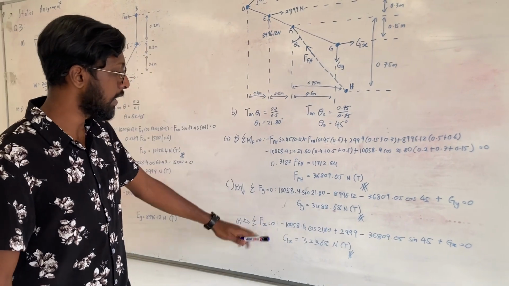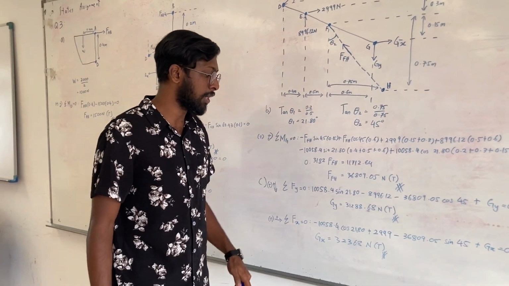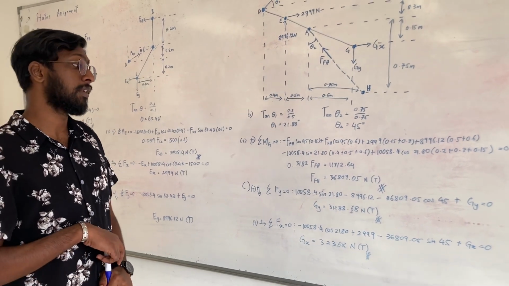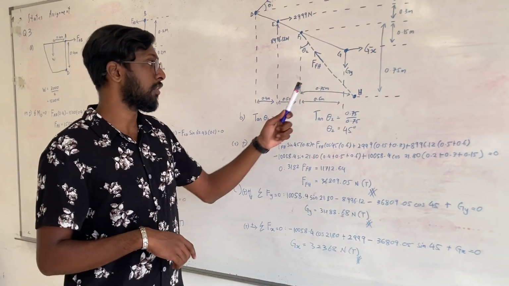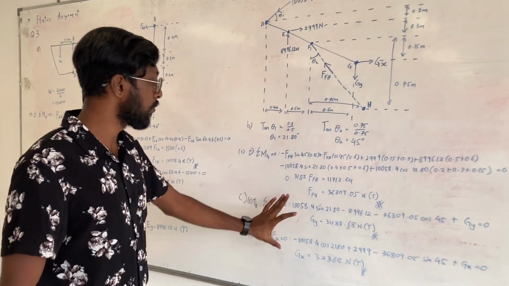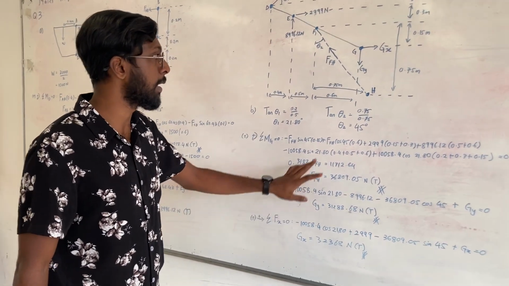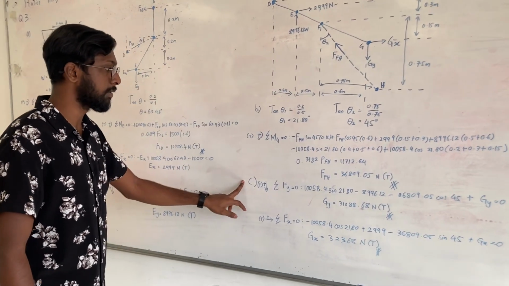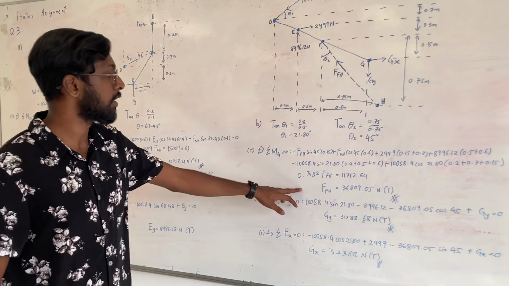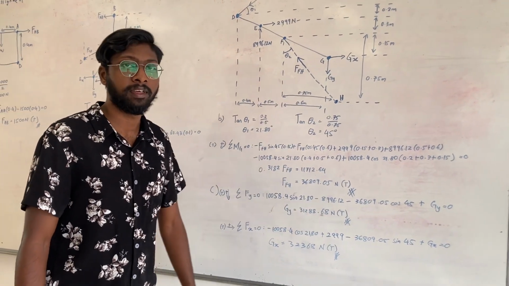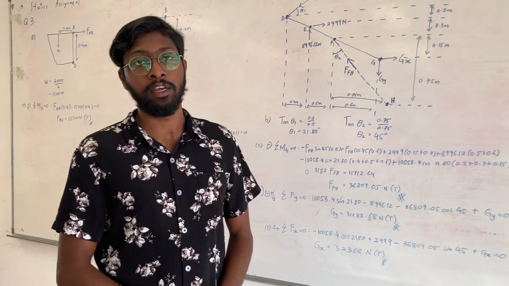Solve the equation and you get the Gx value, which is 32368 Newton and the force is in tensile. So these two will be our forces exerted by pin G, as the question required in C. And force FH required by question B is this. That's about it for question 2 and 3.